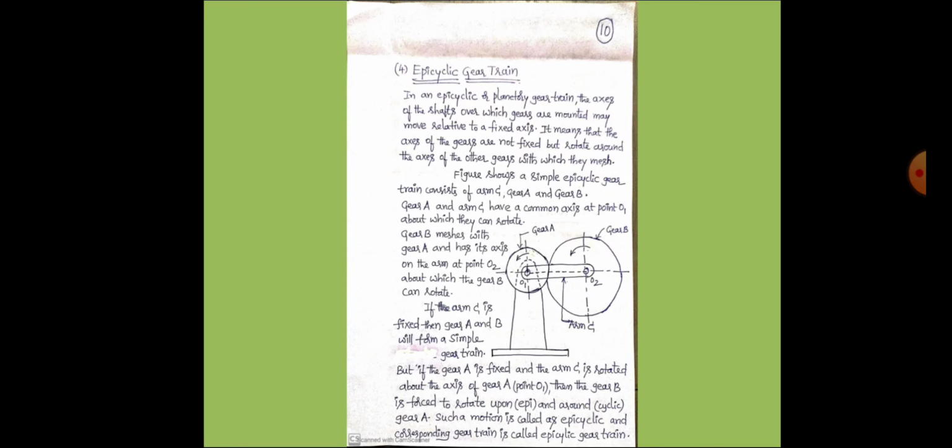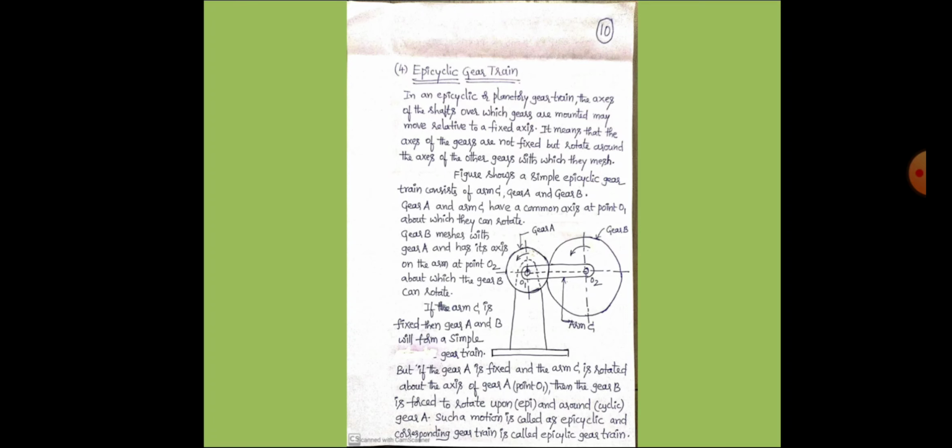What is meant by it? It means that the axis of the gears are not fixed but rotate around the axis of the other gears with which they mesh. This is the point where you must understand the clear-cut meaning of the first point I told. So what is the first point?